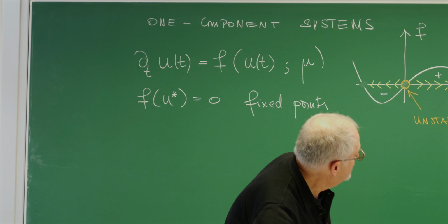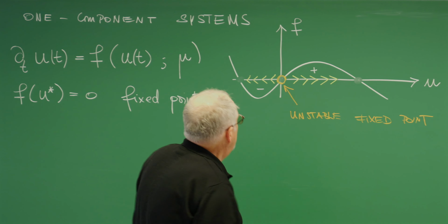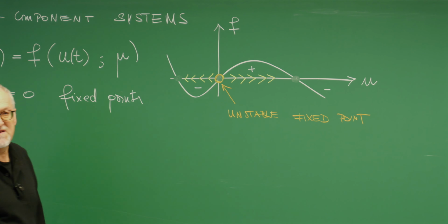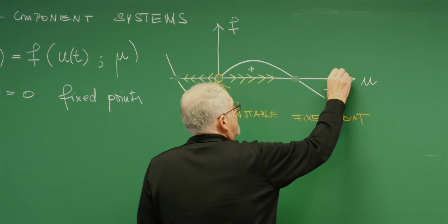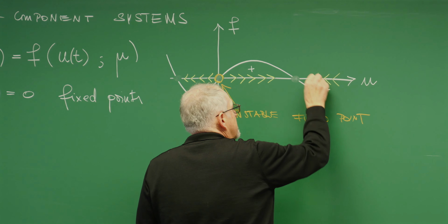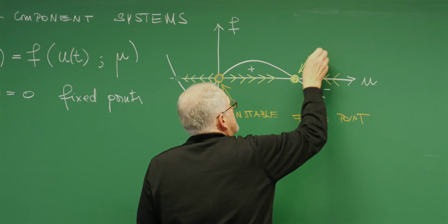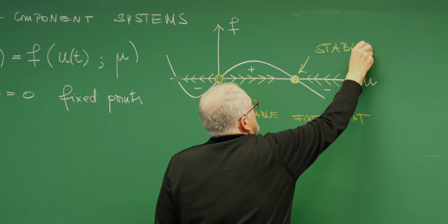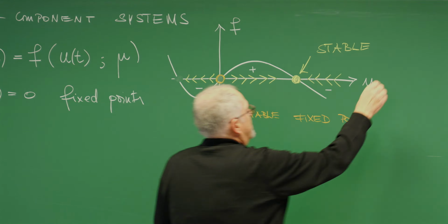Now what about those 2 points here, one on the right and on the left? If I again look at my function, it's becoming negative for large values of u, and that implies that the flow has to be backward. So this point here becomes a fixed point where any deviation from it will make it relax towards it, so it's a stable fixed point.